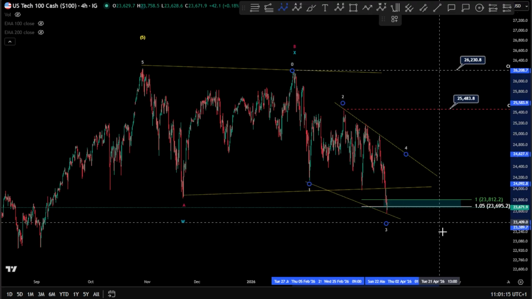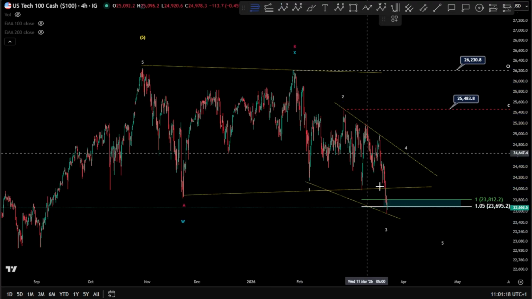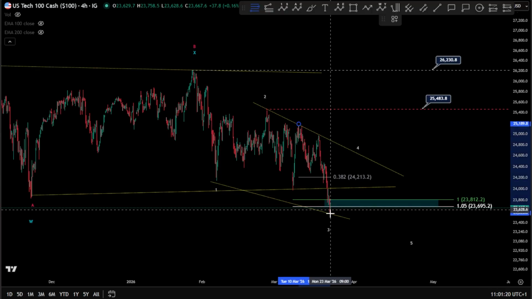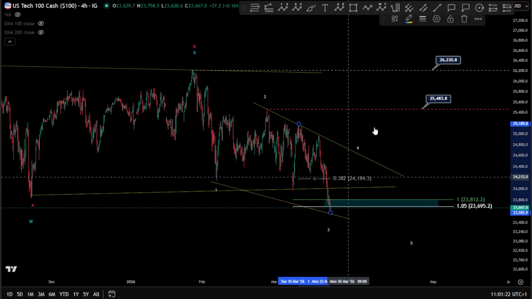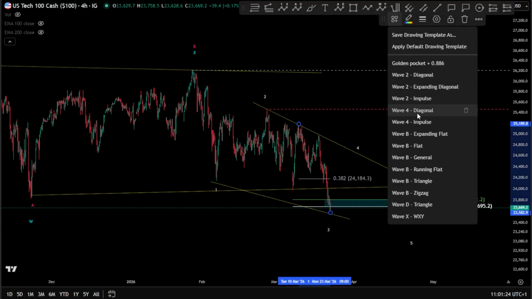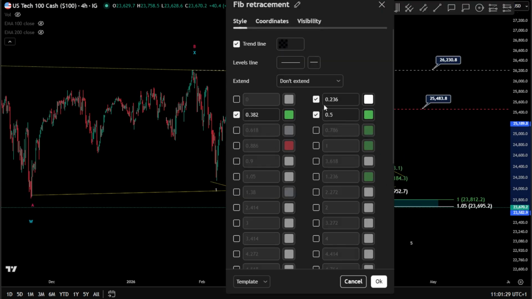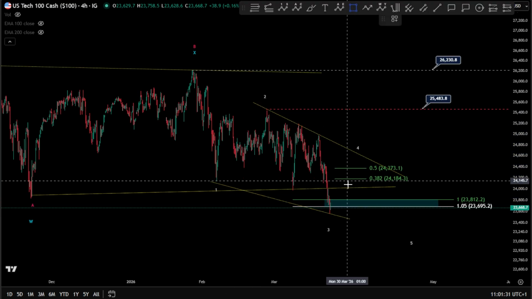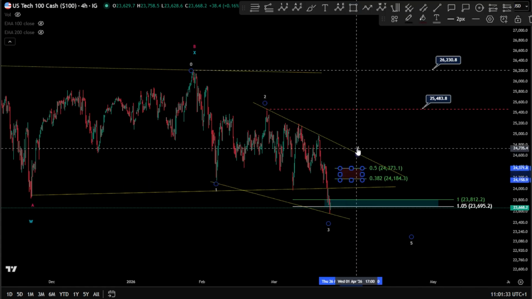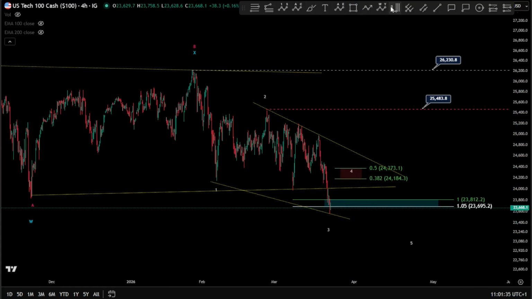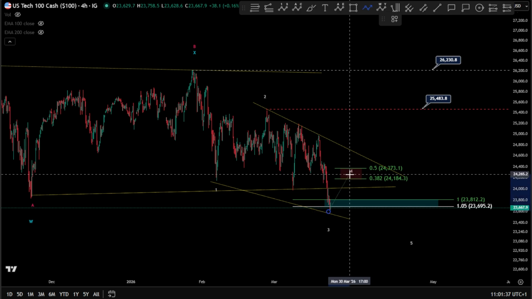So we're going to mark this 1, 2, 3, 4, and a 5. Very likely we'll see a little bit higher prices in a wave 4 for a diagonal here. The wave 4 might be around the 0.38 and 0.5 fib level, which it might hit as a correction, and then push toward the downside in a wave 5.